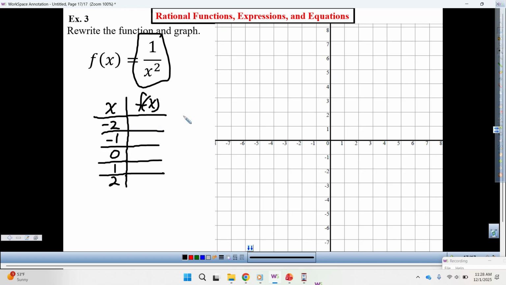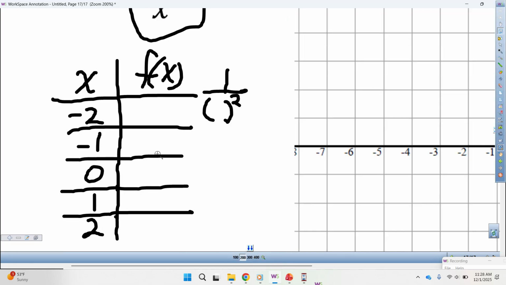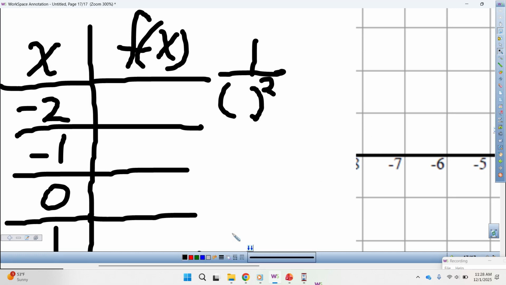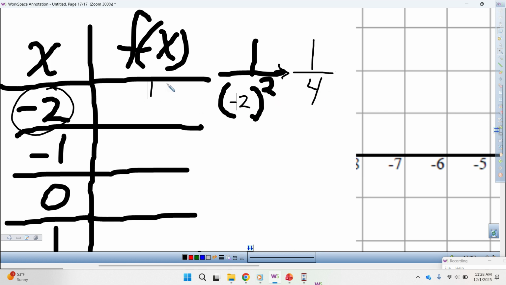So I got 1 over parentheses squared. So my first value is -2. 1 stays the same. What is -2 squared? -2 times -2 is 4. So this is 1/4. Let's do that again now for the next value. 1 over parentheses squared.